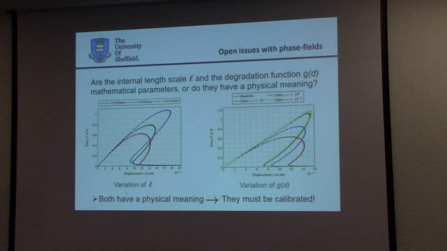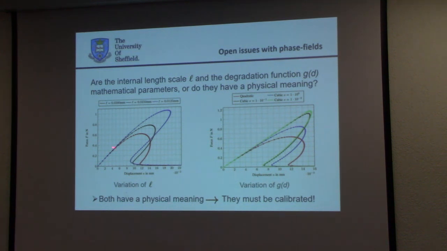Now, I told you at the very first slide that this parameter L, which was introduced to regularize your Dirac function, was introduced by the mathematicians as a pure perturbation parameter, to perturb the solution.